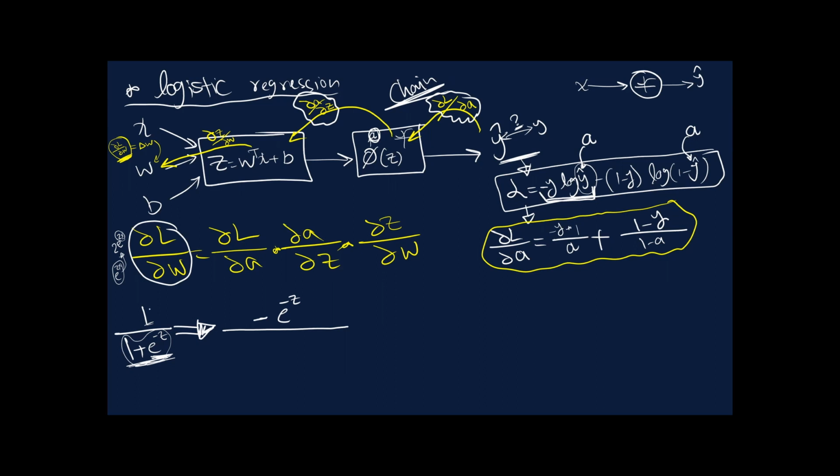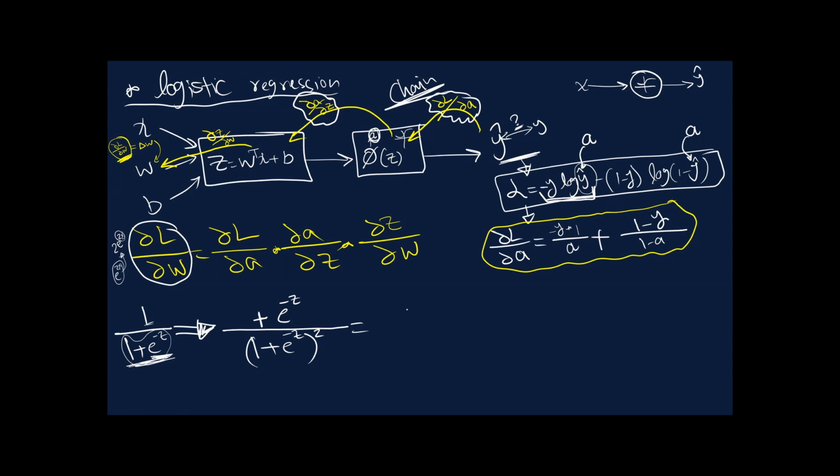But remember, there is a minus between the two terms, so this will be positive, and then we square the denominator. So it's a normal derivative. I'm just reminding you of the derivative rules.